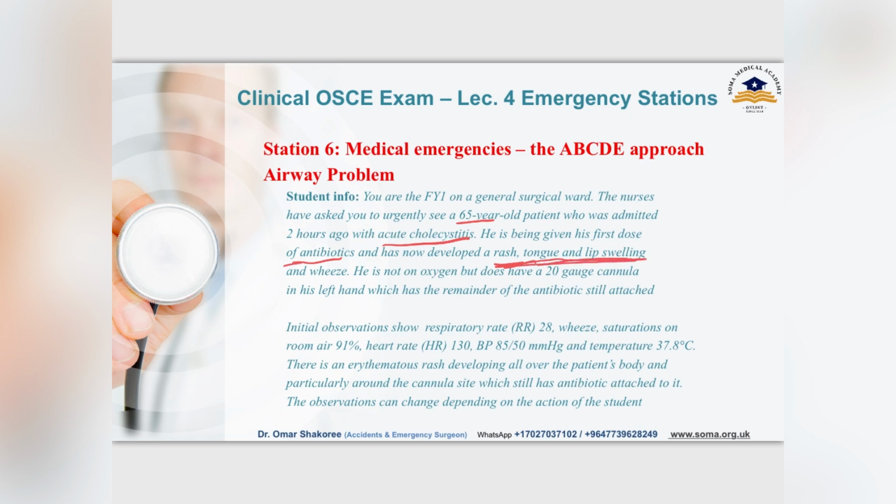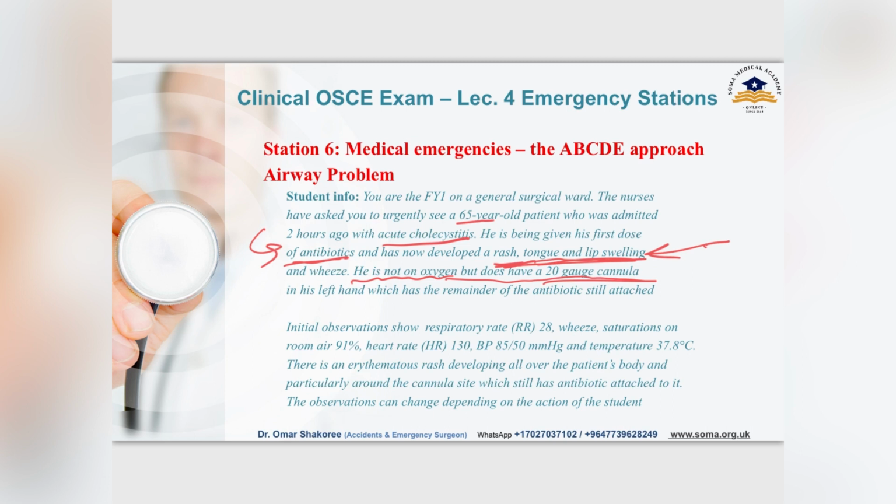So we have a patient who received antibiotic, and now he develops rash and tongue and lip swelling. What is this? This is an allergic reaction to drugs. This is anaphylactic shock. He is still not on oxygen, but he has a cannula.